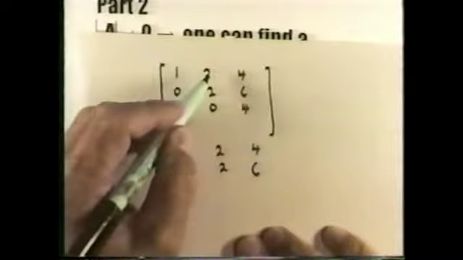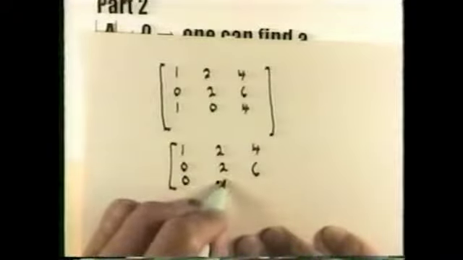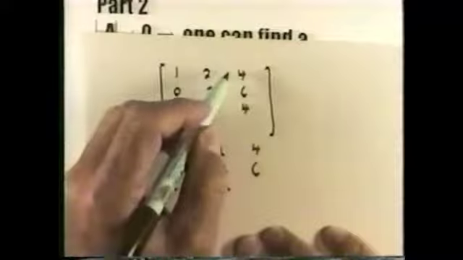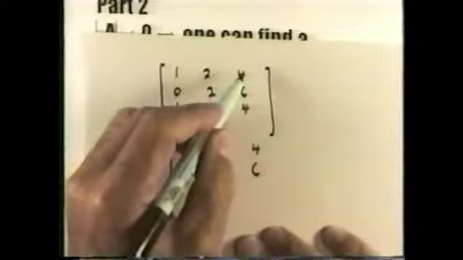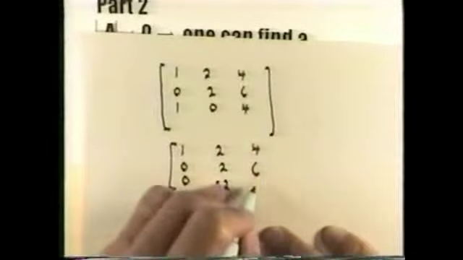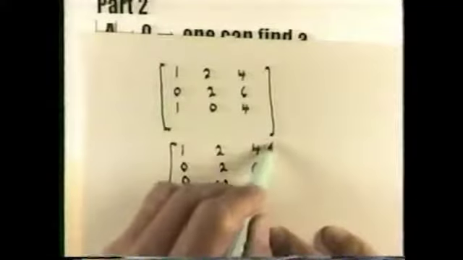Negative 1 times 2 is negative 2 plus 0 is negative 2. And negative 1 times 4 is negative 4 plus 4 is 0. So what I'm trying to do is get the ones here.